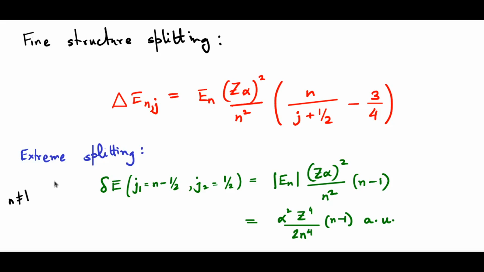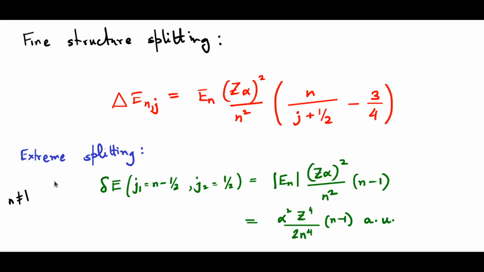And so you see that the largest split actually behaves like 1 by n cube, right? Because there's an n minus 1 in the numerator, but there's an n to the 4 in the denominator. So higher levels are of course split less, and even the largest splitting becomes reduced when you go to higher and higher values of n.